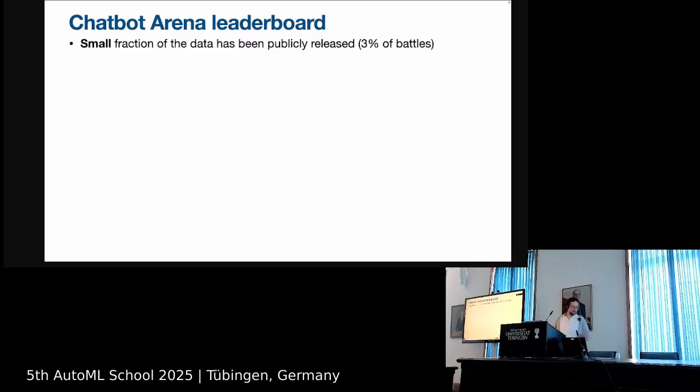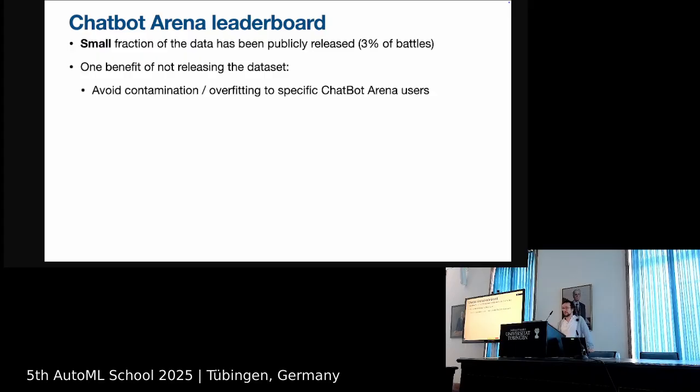Which brings me to this. The Chatbot Arena says they have 3 million battles. They released, I think, 100,000. So that's 3% of the data. Why do they not release the dataset? The claim is that it avoids contamination.